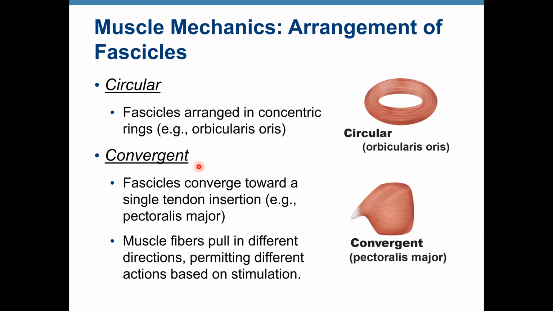Then fascicles converge toward a single tendon insertion, right? So over here, pectoralis major is an example. And when we have convergent muscles, depending on what parts of the muscle are activated, it can allow us different actions of the same muscle.